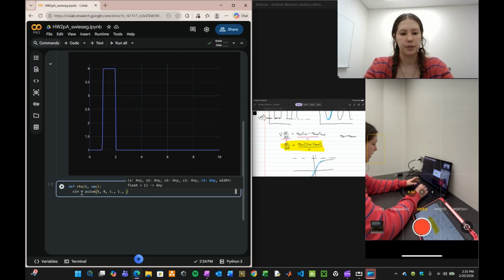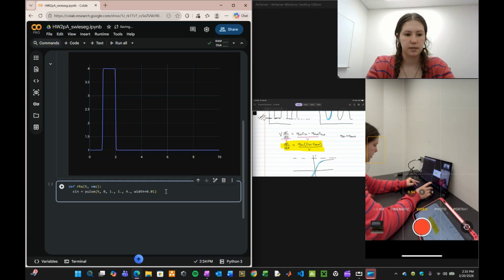And then at 0.2, we want it to be 4 moles per liter. And we're going to set our width equal to the same thing I did earlier, 0.01. And then we want C to equal our vec.